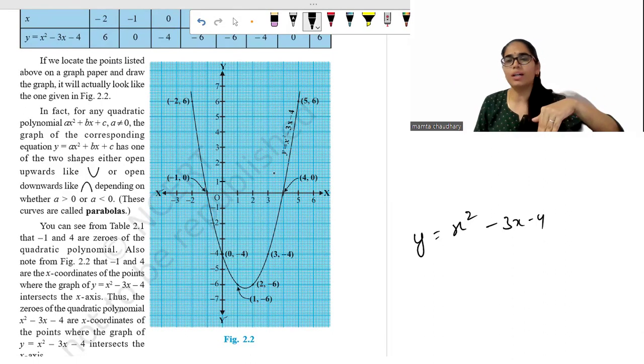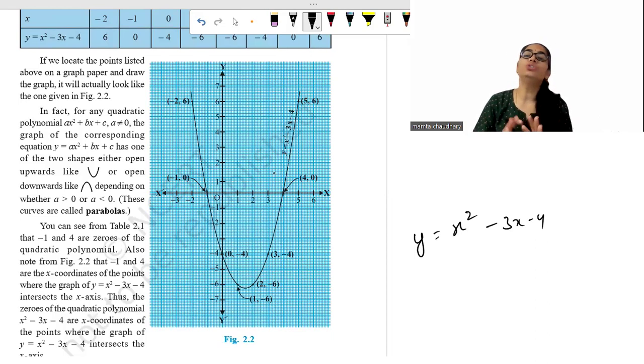But here it is the geometrical meaning, which means you need to draw the graph and then see. In this chapter, drawing a graph is not at all in your syllabus. You will get a graph already drawn, and you need to observe it and find how many zeros are there.